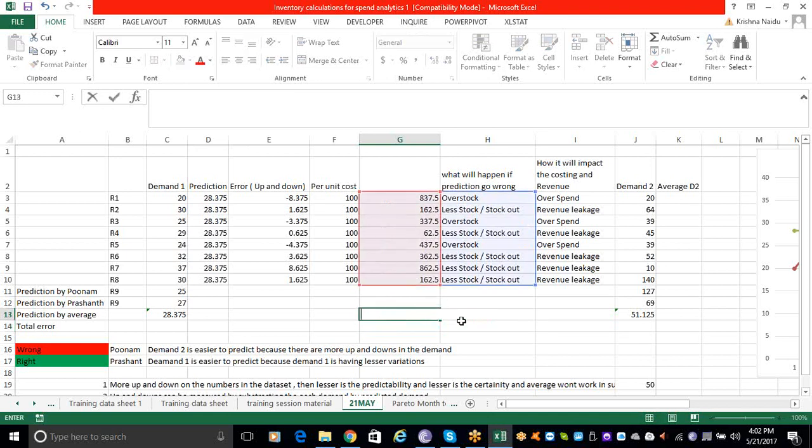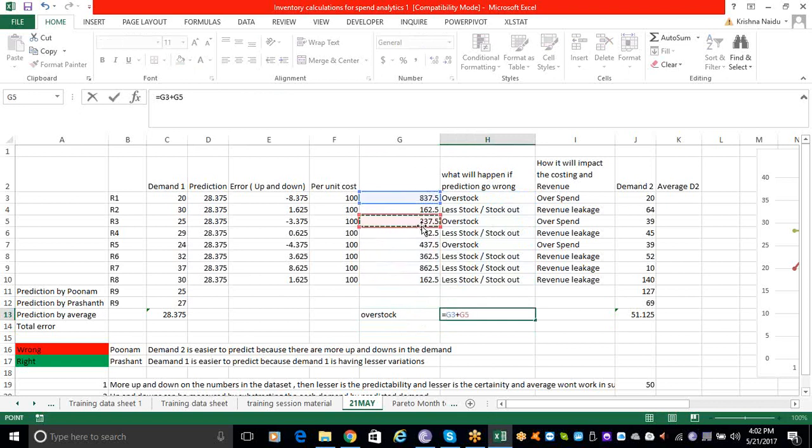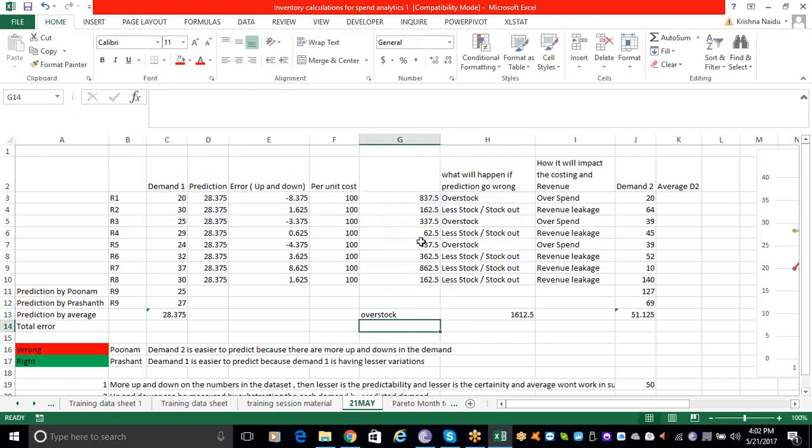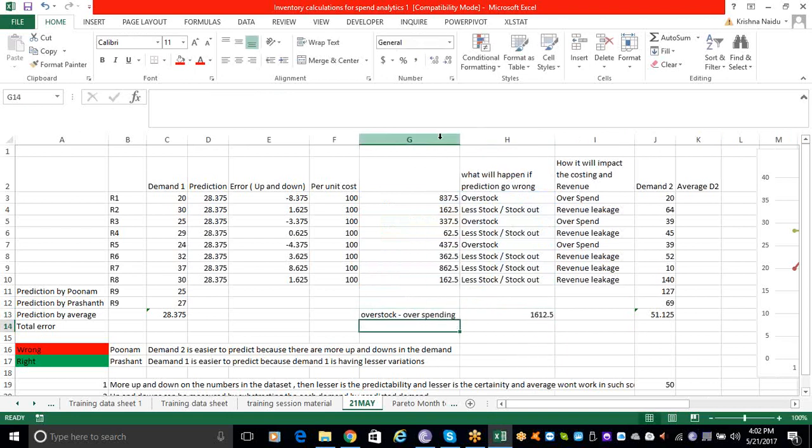So what I will do is add all the overstock amounts, that is 837.5 plus 337.5 plus 437.5. Whenever we have overstock, we call it overspending. So our total overspending was 1612.5, so 1612 rupees.